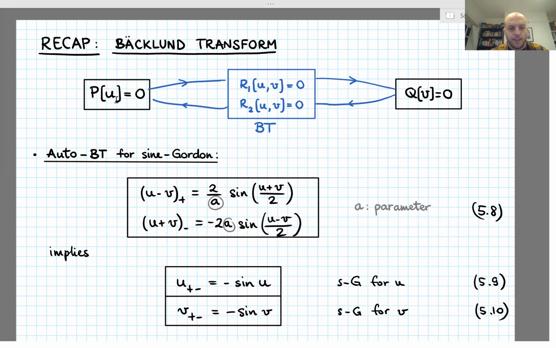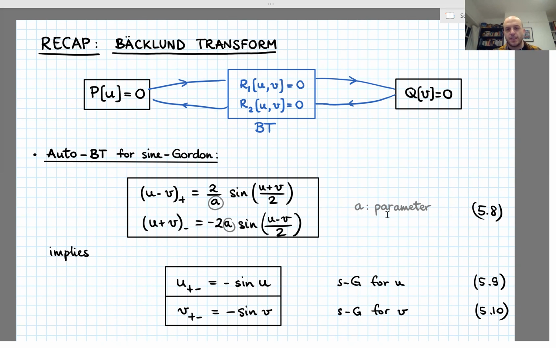And then later on, we moved to the Sine-Gordon equation. In particular, there we wanted to introduce an extra parameter, which here we called a. And that parameter allows us to find new solutions whenever we keep applying the Backlund transform.